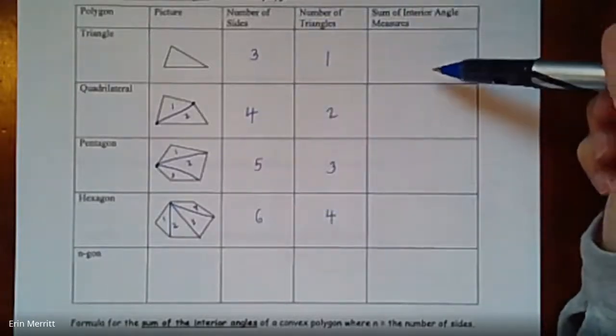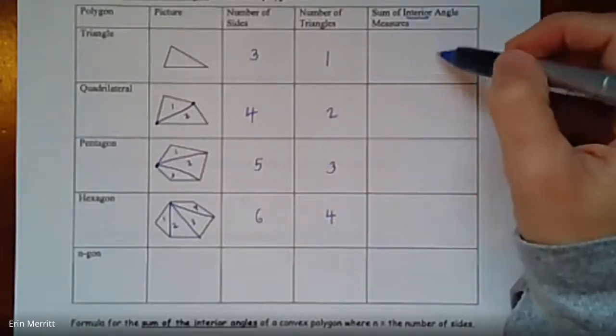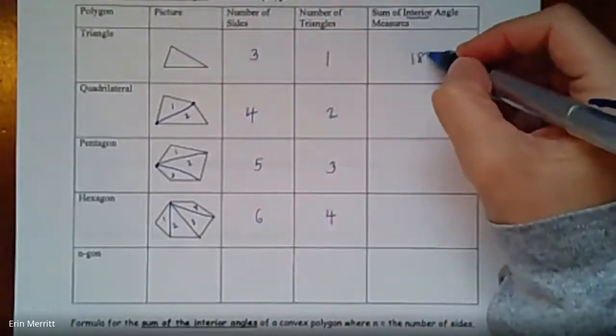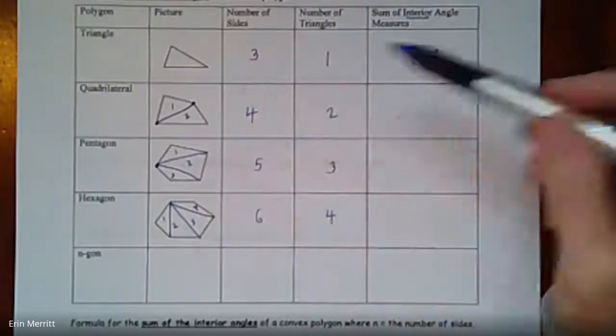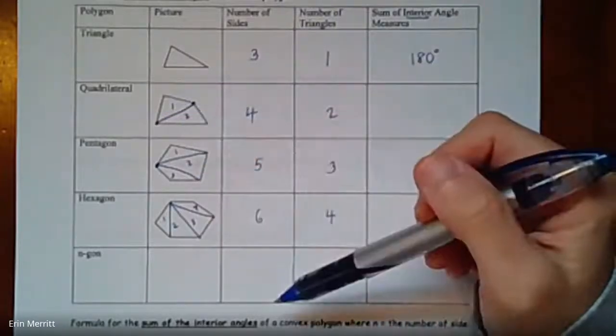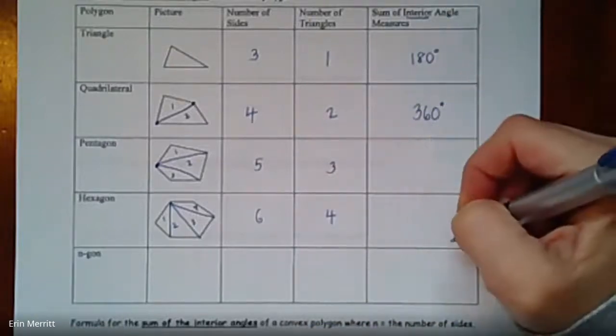When it asks for the sum of the interior angles, I know that you know the answer to this one because we've used it this year. The angles in a triangle add up to 180 degrees. Everything beyond that is based on this. So for a quadrilateral, that might be another one that you know. If you think of a square, those 4 angles add up to 360.